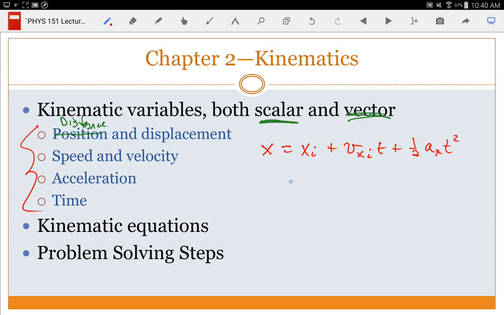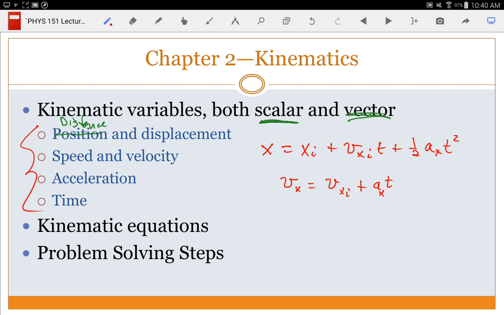But then we had other ones. If we're only trying to relate the speed, acceleration, and time, that's probably the one to use.